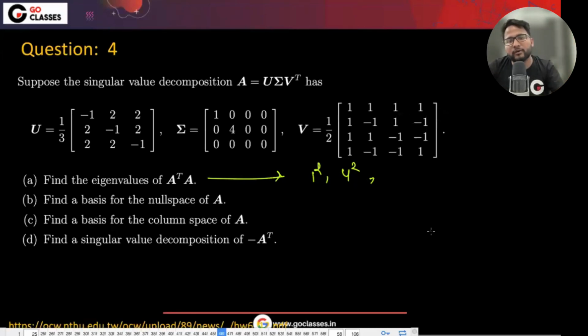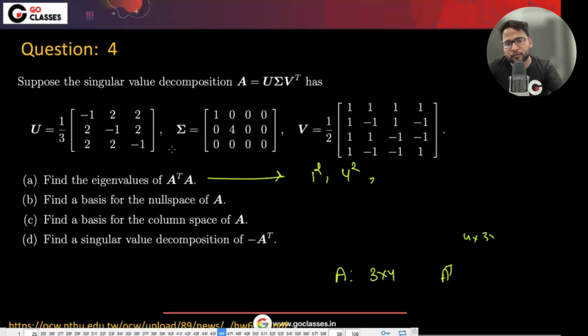See, A is basically the same dimension as sigma, right? This is 3 cross 4, so 3 rows and 4 columns.